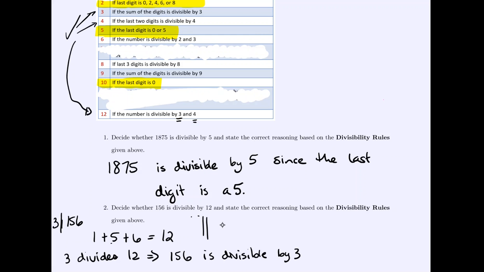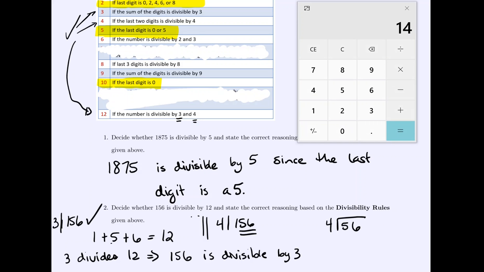Next, let's check, does 4 divide into 156? That rule is if the last two digits are divisible by 4. So the last two digits here are 56, so we have to ask ourselves, does 4 divide into 56?